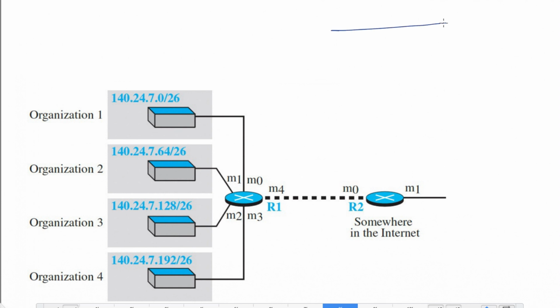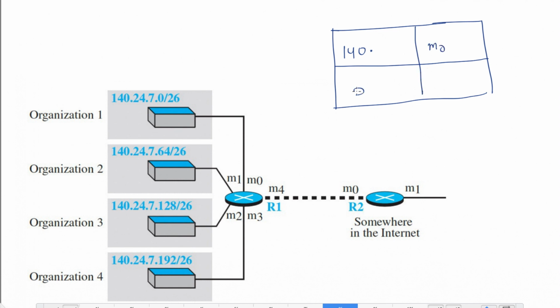I want just one entry which tells me that anything that starts with 140, I will send to M0. Otherwise, this is the default route, I will send it to M1. These are the kinds of entries I want in the R2 forwarding table, right?